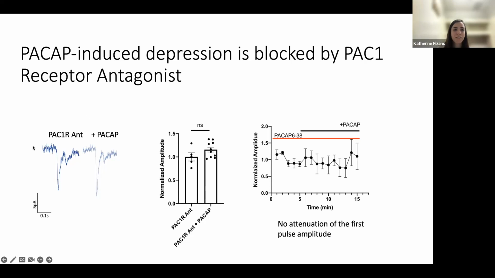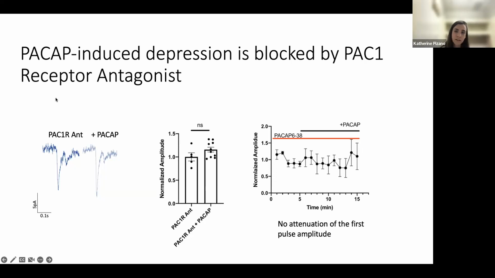So once again, on the left is a trace example from our paired pulse recording during both the PAC1R antagonist only condition, as well as when you add PACAP, when you wash on this PACAP. And then on the right, we quantify these results.